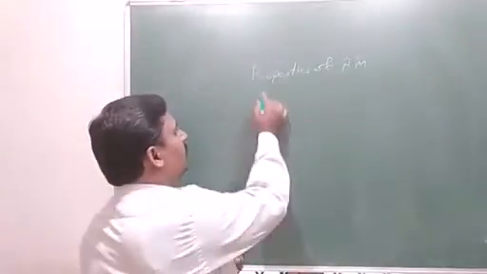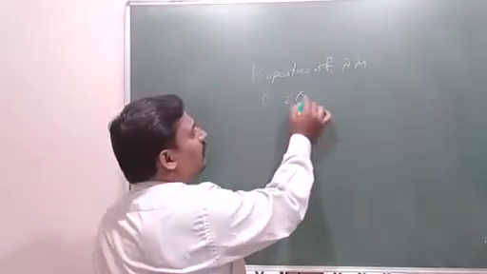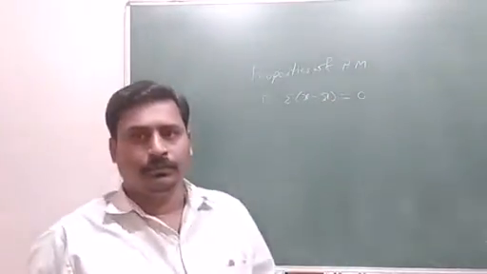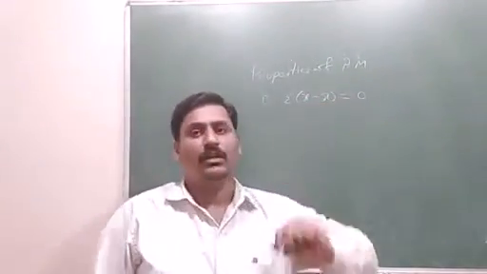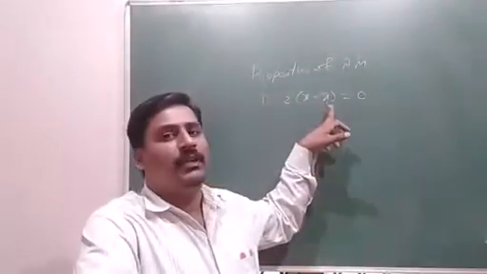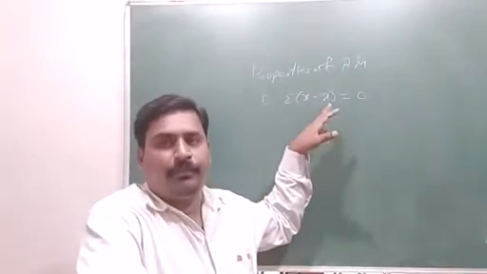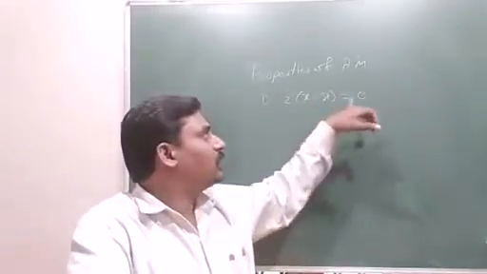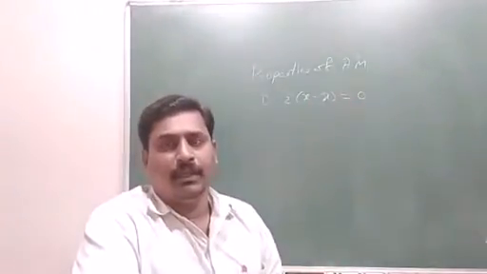Symbolically, summation of x minus x bar is equal to 0. The x's are all the observations, and if we deduct the mean from all the values and total them, the total will be 0.